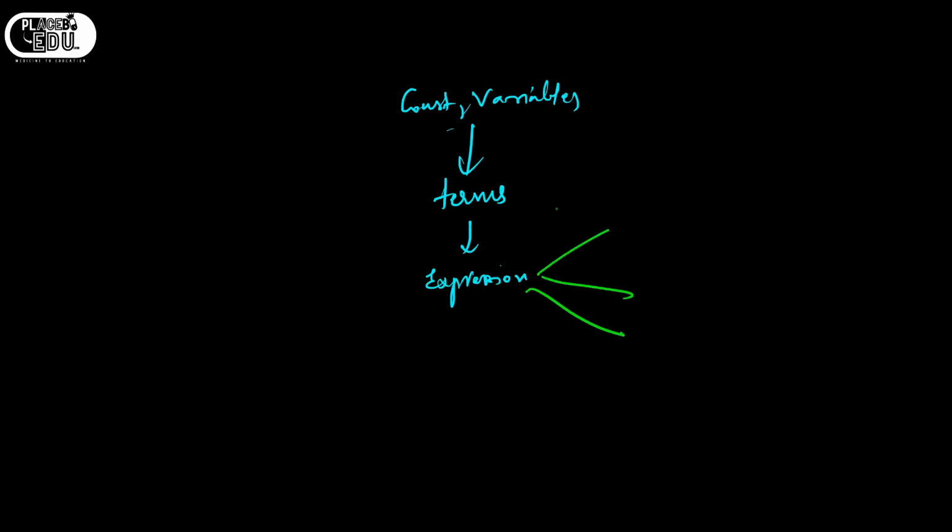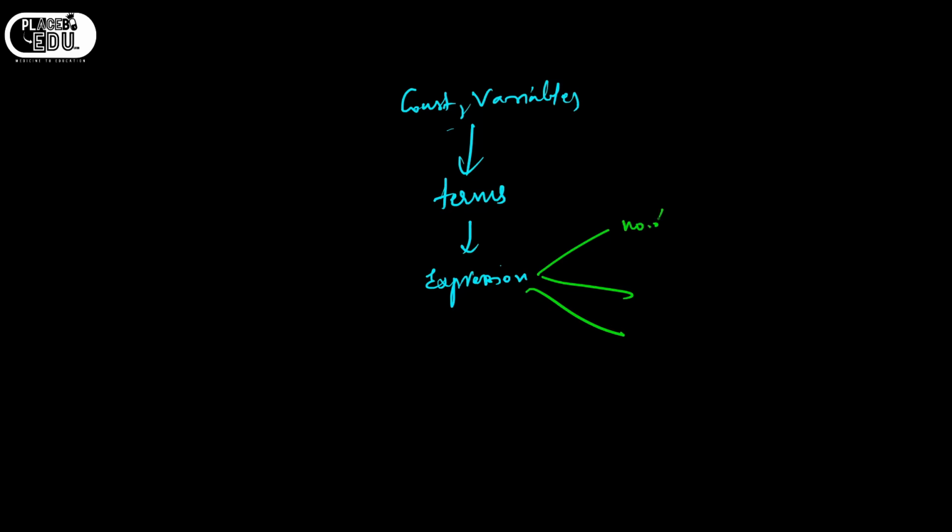I am going to give you a map which forms an expression. Constants and variables combine to form terms. Understood? And the terms will combine to form an expression. Expressions are divided into various types based upon the number of terms.